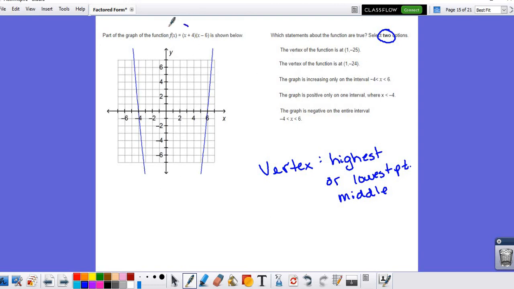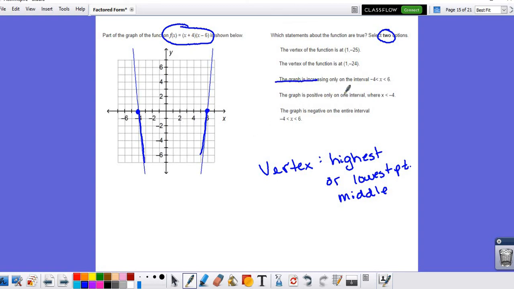So what I would do is I would go to Desmos and I would graph it and figure out which vertex is correct. And then it says the graph is increasing only from -4 to 6. But we can see my graph is decreasing and increasing, so that's not going to make sense.